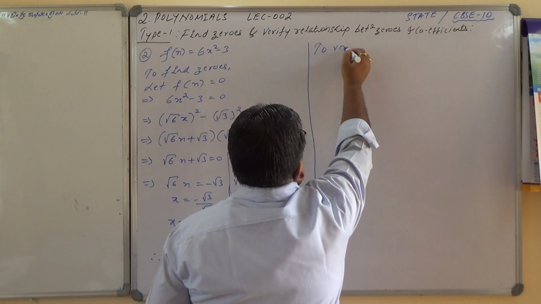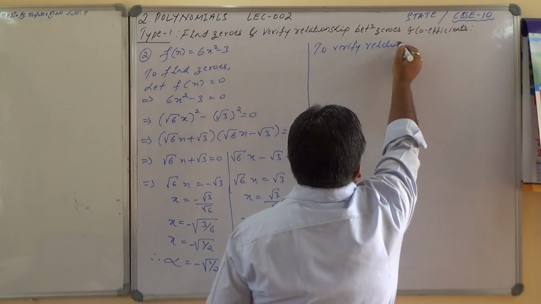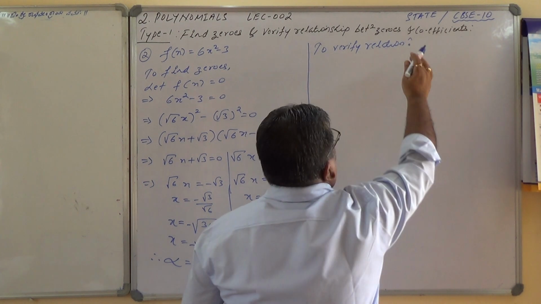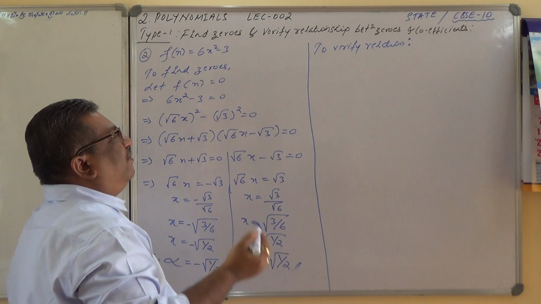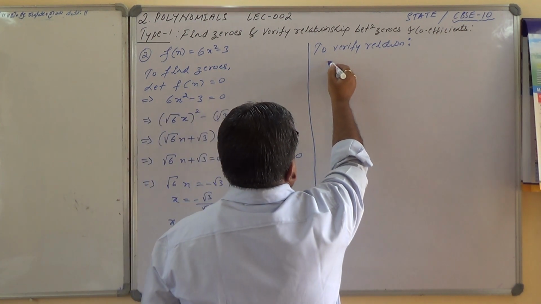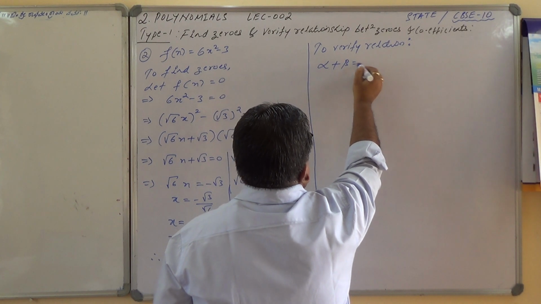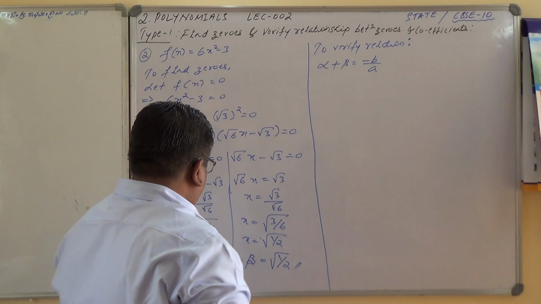To verify the relation between the zeros and coefficients, I am writing a shortcut here. We know that sum of zeros is given by alpha plus beta equals minus b by a. What is alpha plus beta over here?